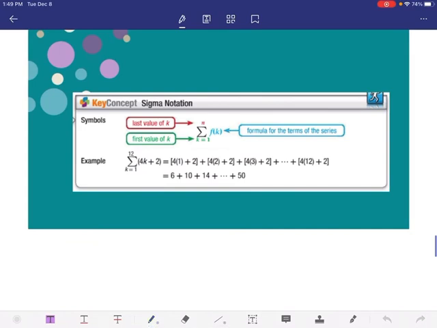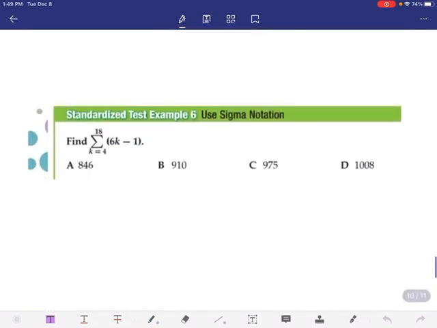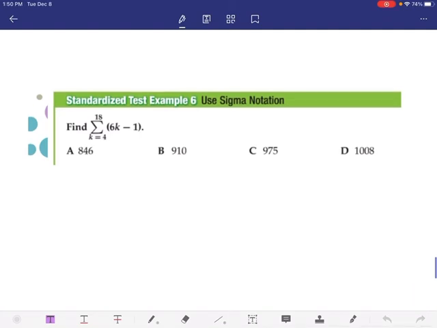And whatever's to the right side is what we're going to plug into. So notice here they give us a formula. They tell us that we're going to be plugging in 4 first.